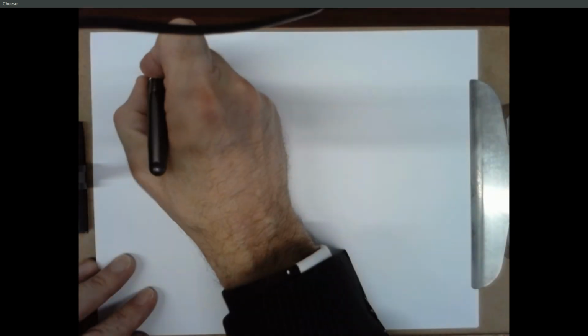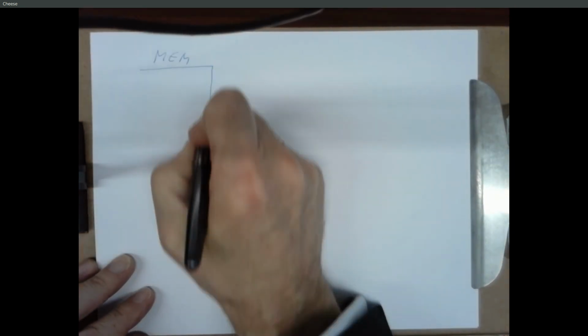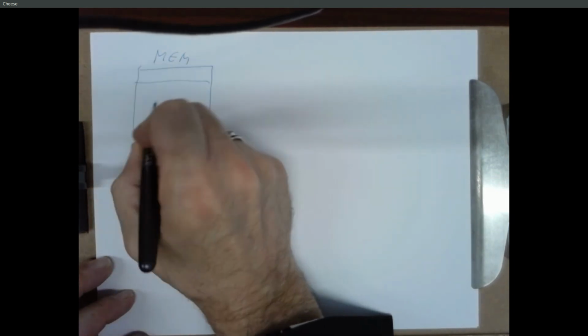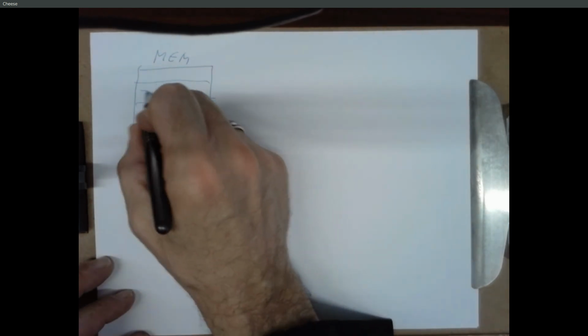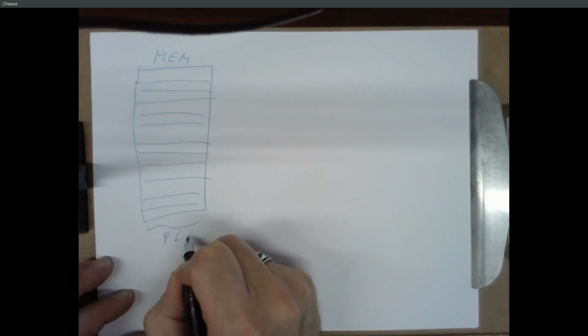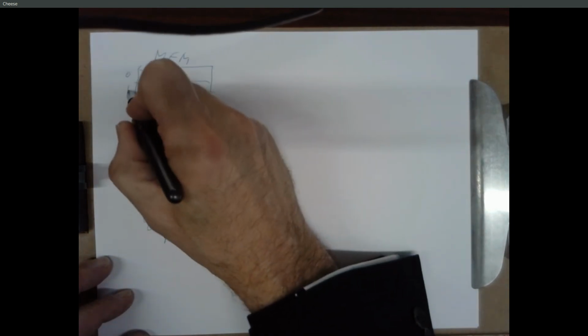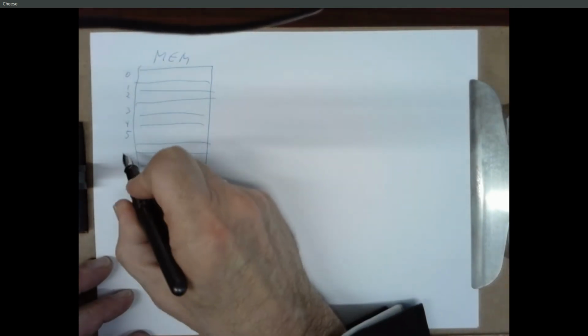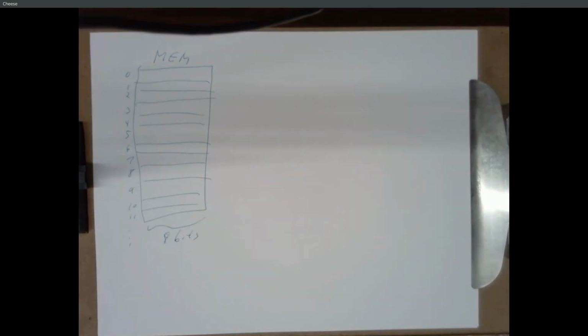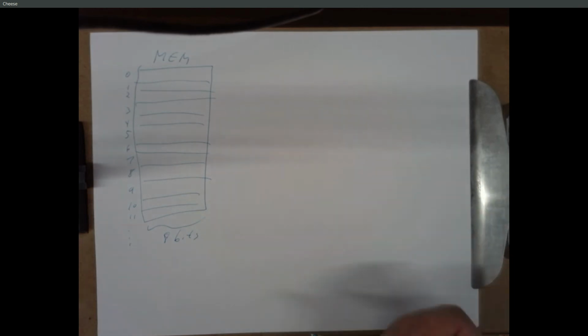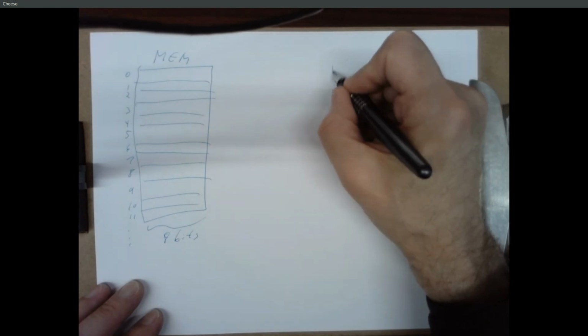And so if we sort of picture the memory of a computer, and memory tends to be byte oriented still, so this is 8 bits, and this is memory location 0, 1, 2, 3, and so on. And let's say we want to store somebody's name. So we want to store the name Jane.